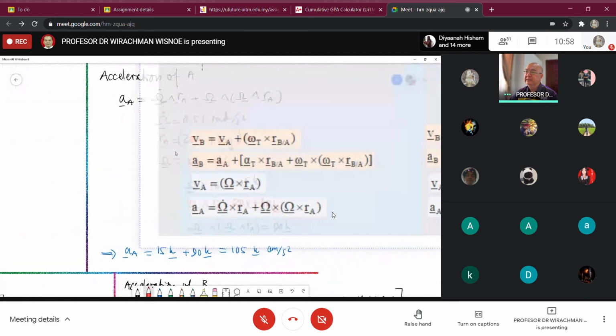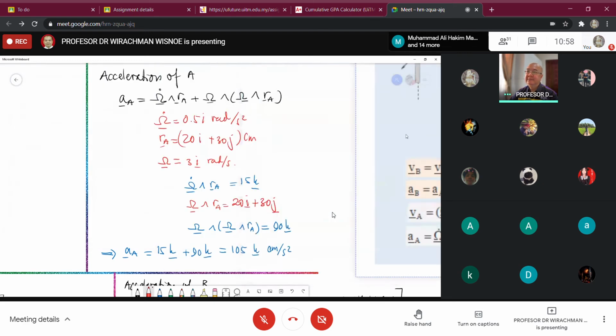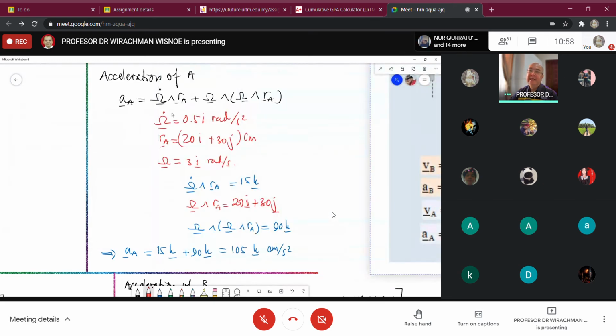Okay, after that we calculate what is the acceleration of A coming from the formula as well. From here, this one. So basically this is the tangential. This is the normal. In the 2D case, this is the tangential. This is the normal component. So again, I try to find each of the values of this.